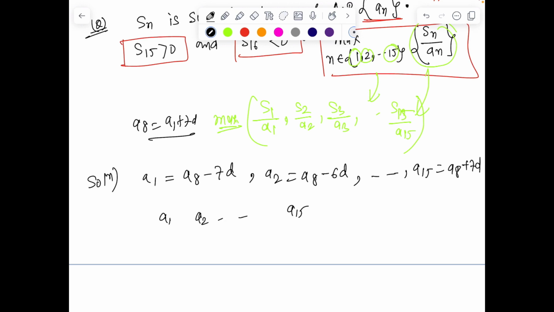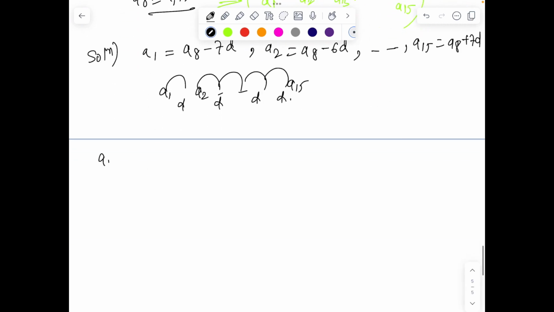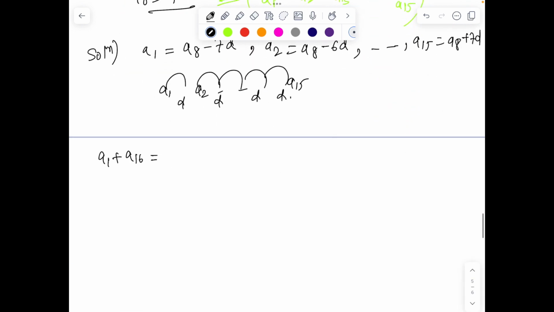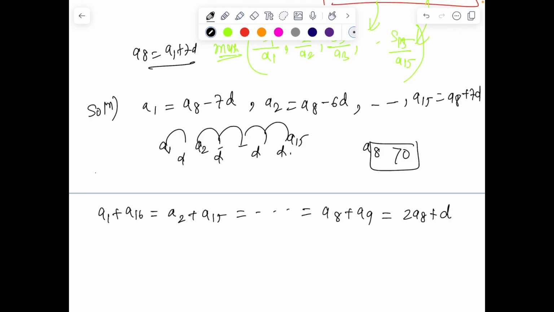A1, A2 till A15, these gaps are common, hence the difference is common, hence the name common difference. Now we know A1 plus A15 is the same as A2 plus A14, because first plus last is the same according to this. So S15 is 15A8, right?